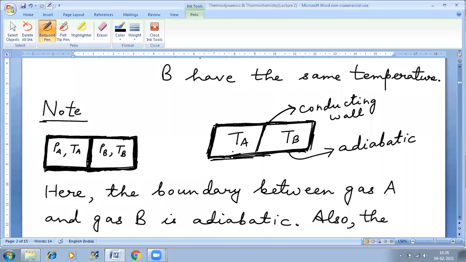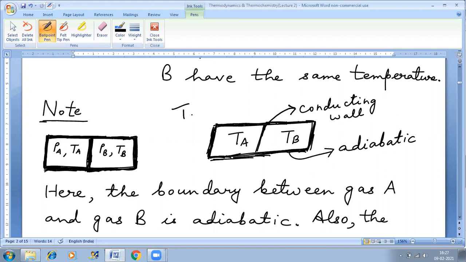Now what will happen is, slowly and gradually, heat will flow through this wall from one compartment to another. Why? Because now the wall is conducting, so heat can flow through this wall.